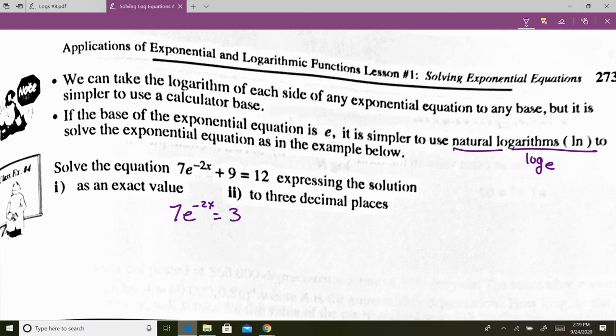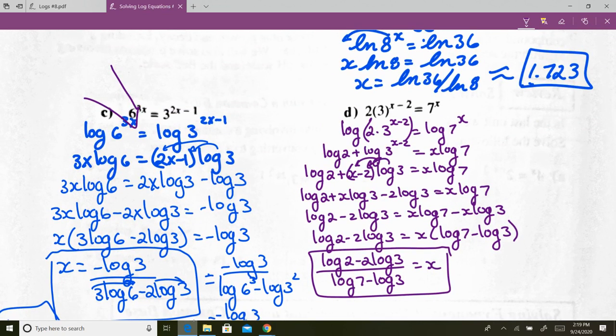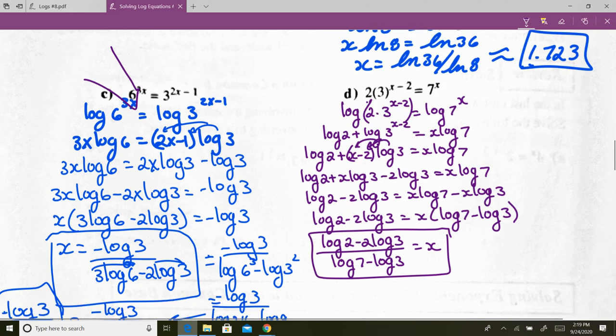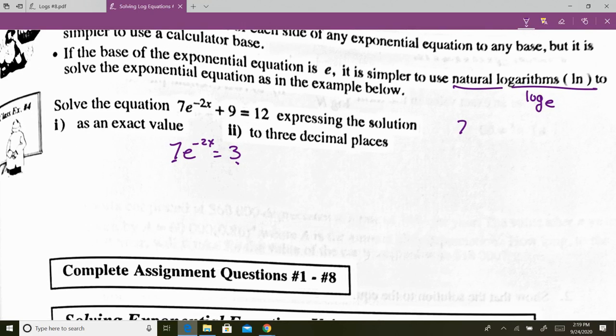However, because this 7 is a number and this 3 is a number, whereas in the previous one it was a 2 and a 7 to the power of x, I didn't want to divide those off. But because these are numbers, you can, and it makes a little bit of sense here. All right, so divide off the 7. I'll show you how to do it your way after. You get the same answer.